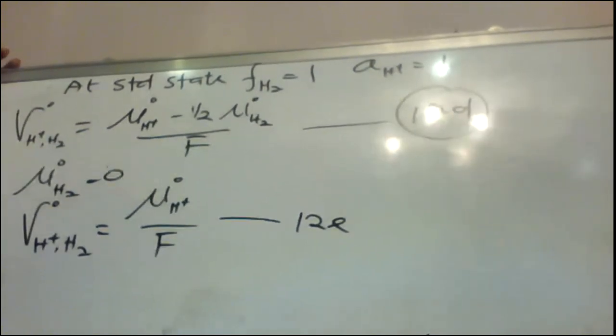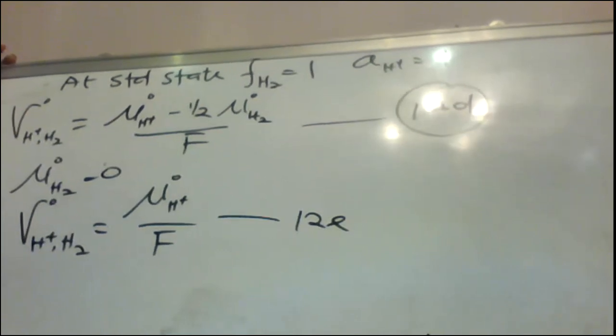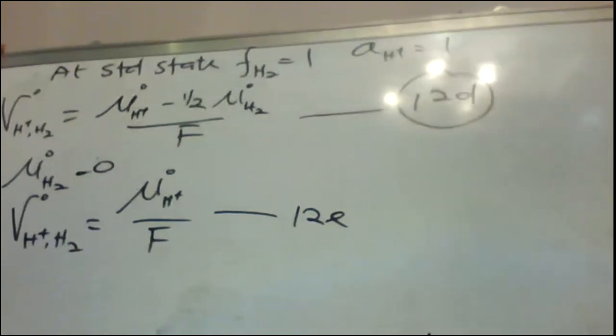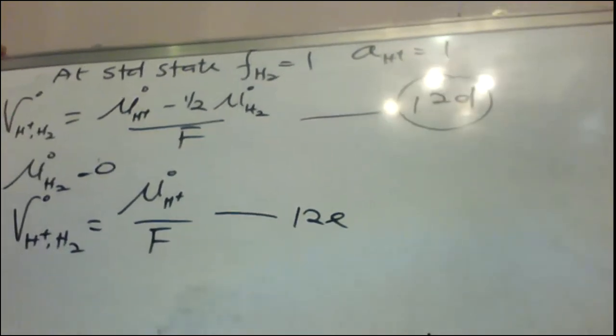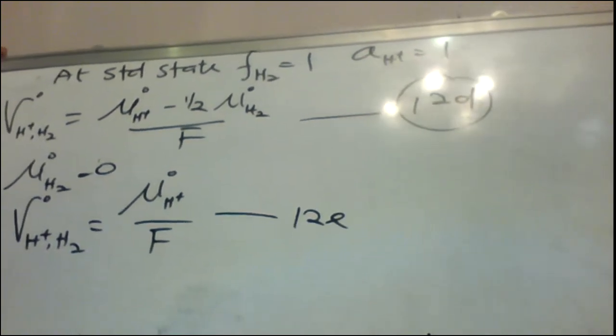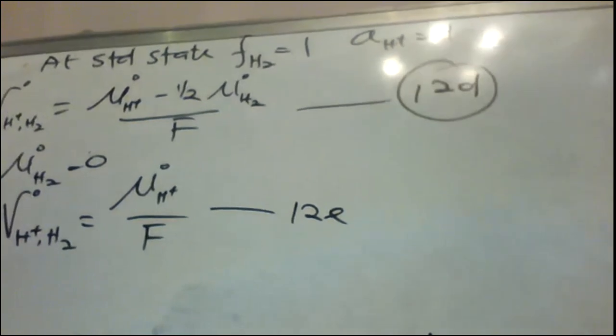You would have equation 13. So you are substituting equation 12D into equation 12C, and I've rubbed off equation 12C. But from your notes, equation 12C is the point we got to before we talked about standard state. Do you remember the equation before we talked about standard state?